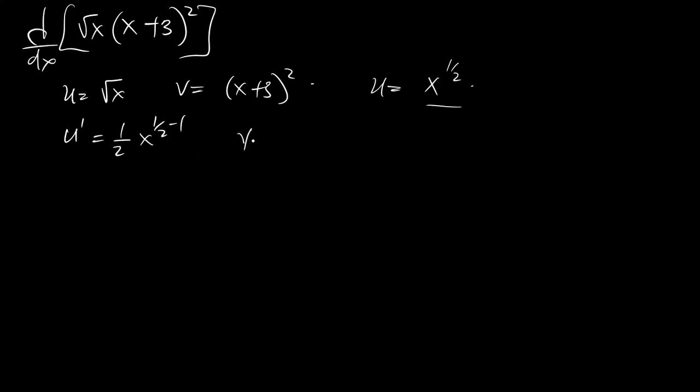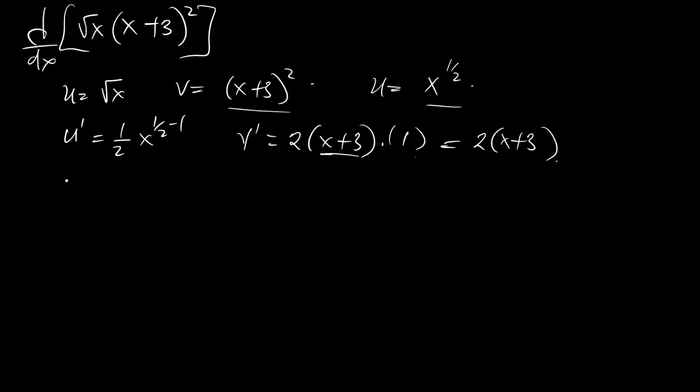Now you have v prime to be. Now we are using a chain rule. We have 2 into x plus 3. For the derivative of the function inside, the derivative of x is 1 and the derivative of a constant is 0. So the whole of this is 2 into x plus 3. Now we use this to solve for the derivative of this function.